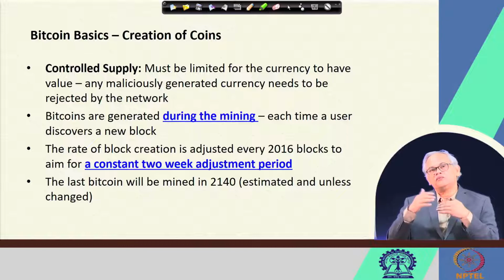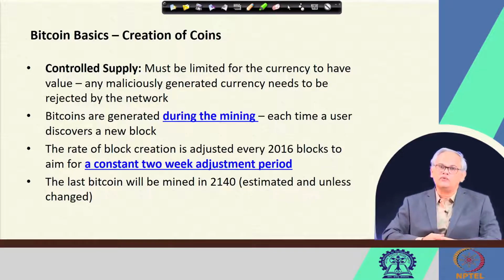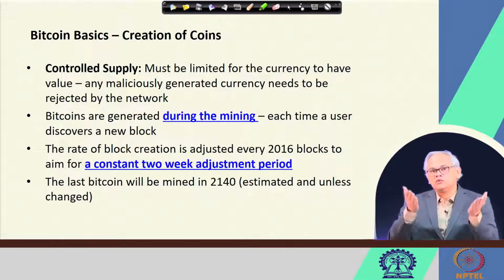If 10 minutes was the setting for the average time for creation of a new block, now with more powerful hardware you should be able to solve the puzzle very quickly. So, very quickly you will be able to generate the new nonce so that the requirement for the number of leading zeros is satisfied.